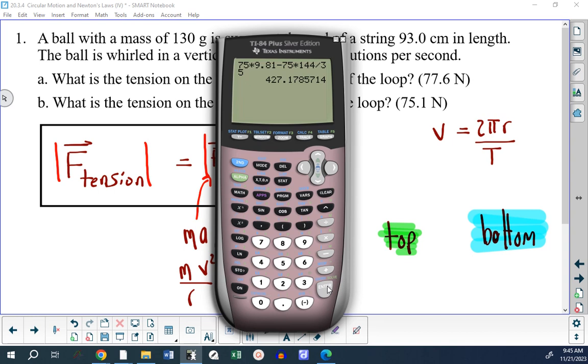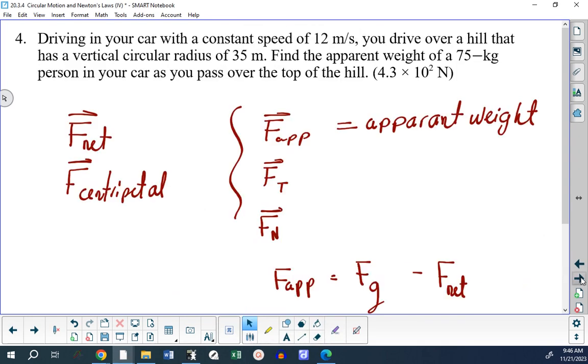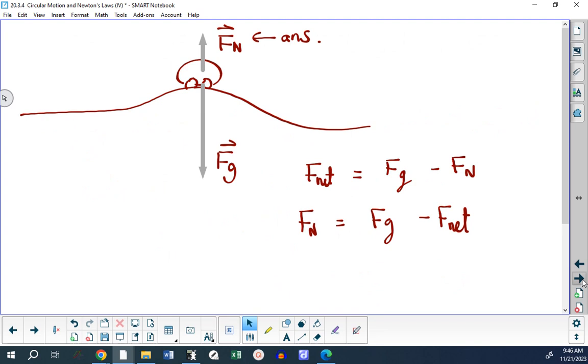But what I find interesting is if you did this correctly and you got a negative, what would that tell you? No, it wouldn't actually. You know what it would tell you? It would tell you that the force of gravity is less than the normal force, which would mean you're getting air. You've reduced the normal force to zero.